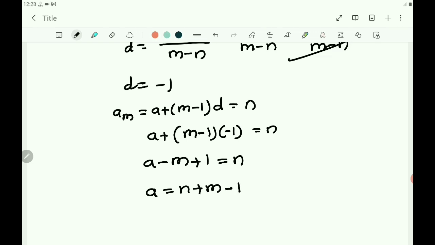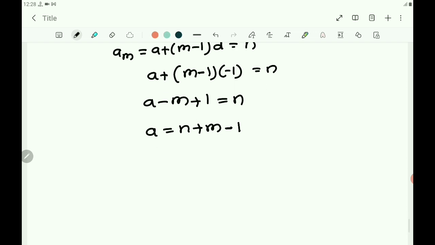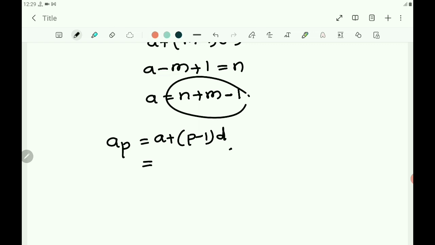Now you take the pth term. AP is equal to A plus P minus 1 into D. A is n plus m minus 1, plus you write P only, minus 1.